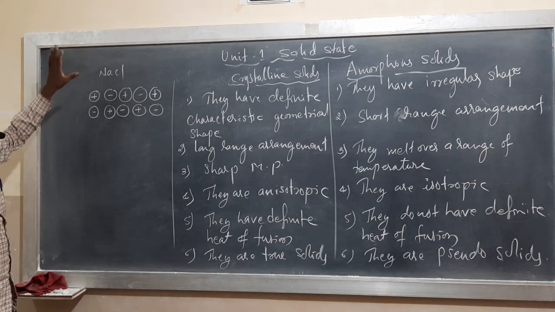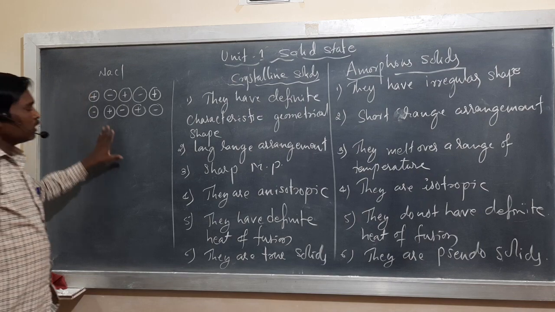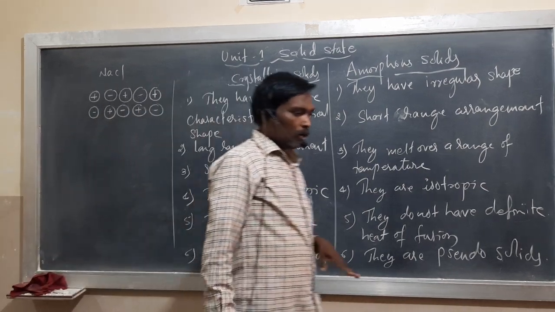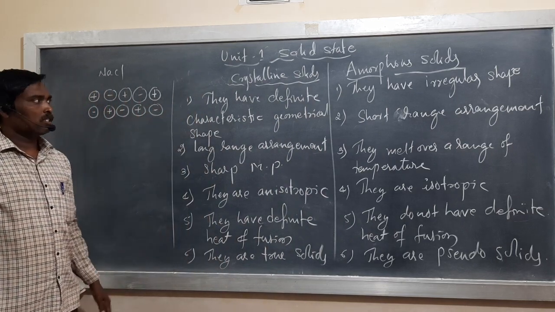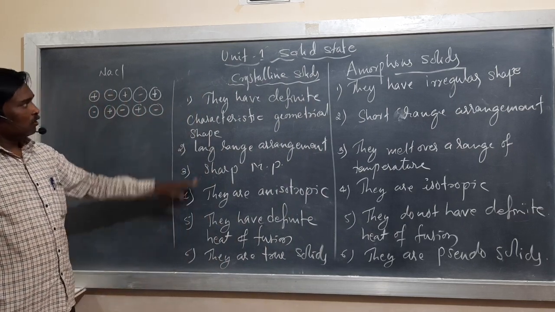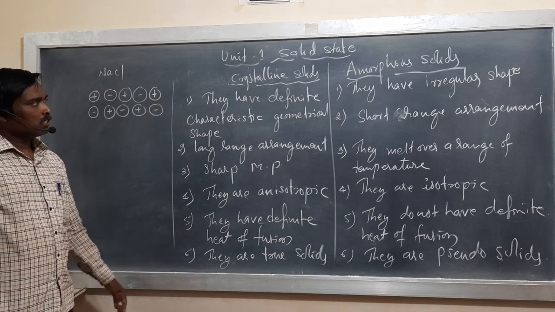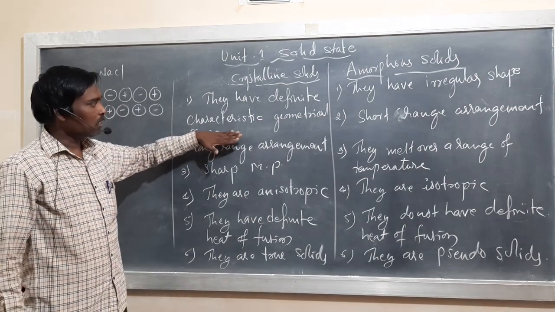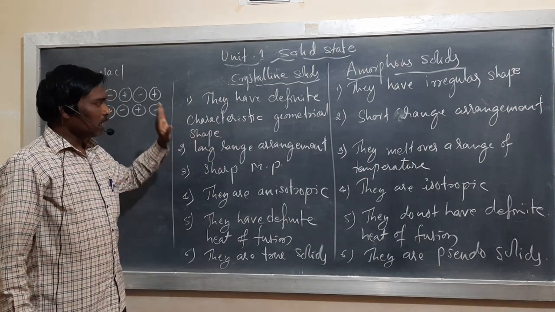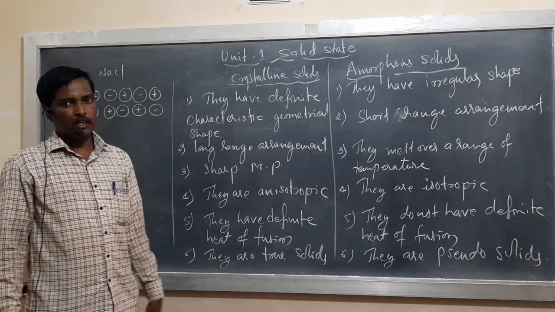If the arrangement is long range, we call those solids crystalline solids. So crystalline solids have a definite characteristic geometrical shape, and the arrangement is long range.